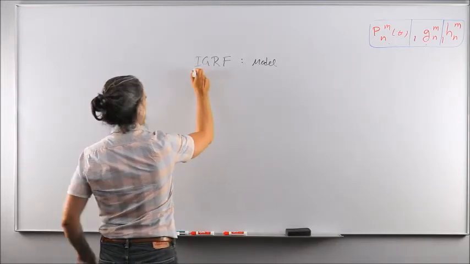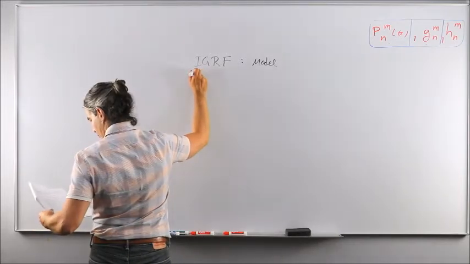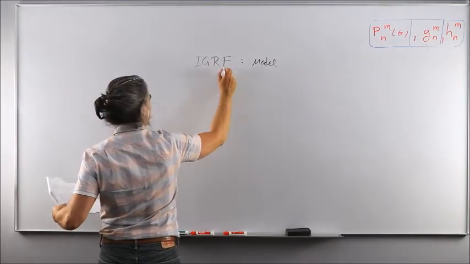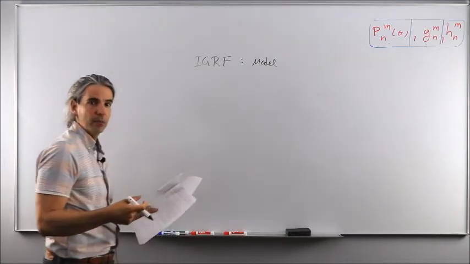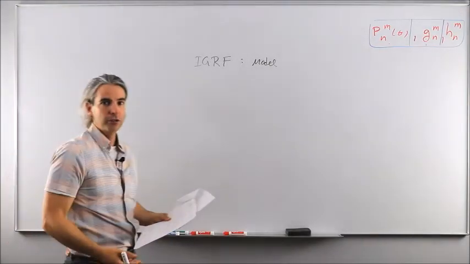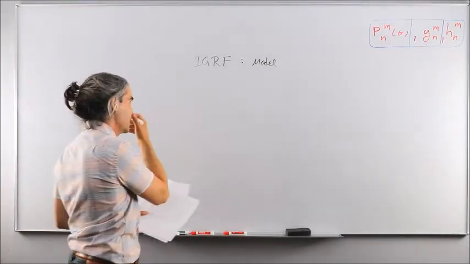So the International Geomagnetic Reference Field model is the spherical harmonic model for an arbitrary degree and arbitrary order I gave you in the first place.